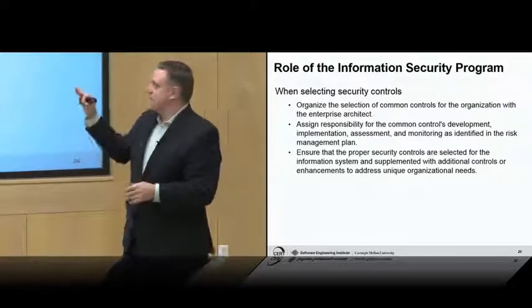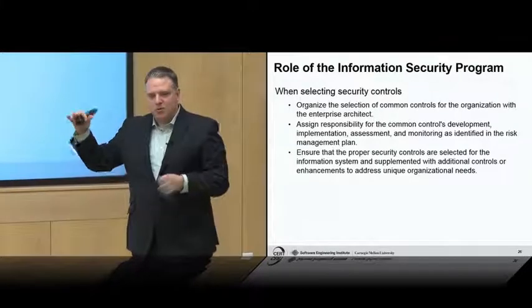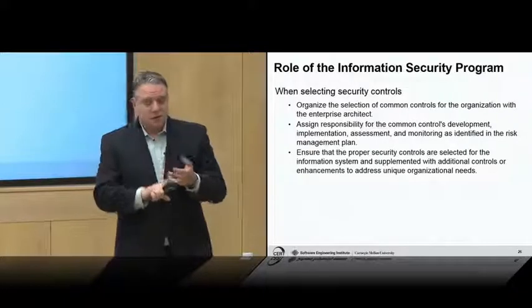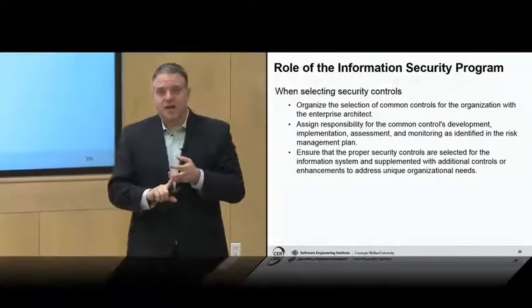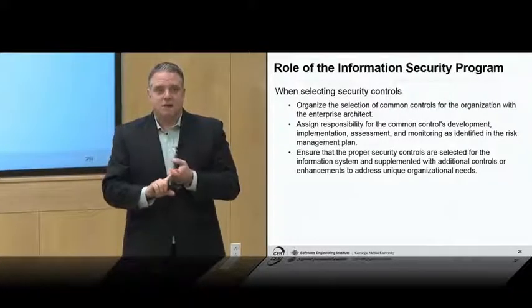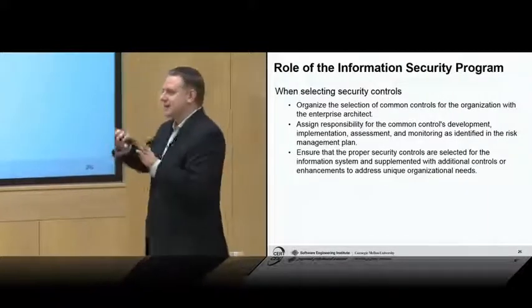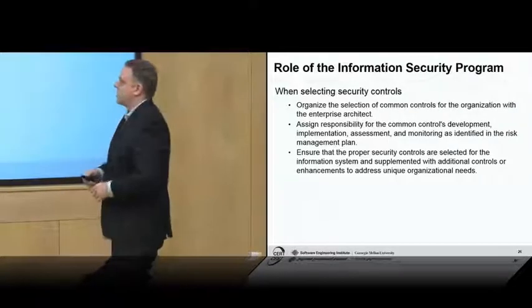So the information security program as a whole is there to figure out what controls I need, who's implementing them, whether they are effective, and whether it meets my specific security requirements as an organization. That's what the information security program is all about in a nutshell.